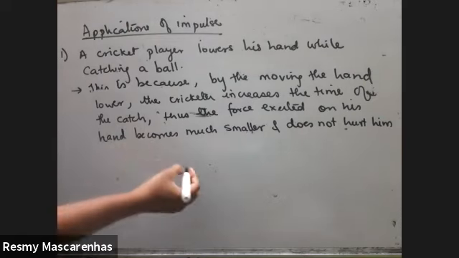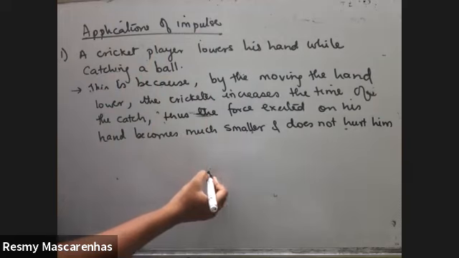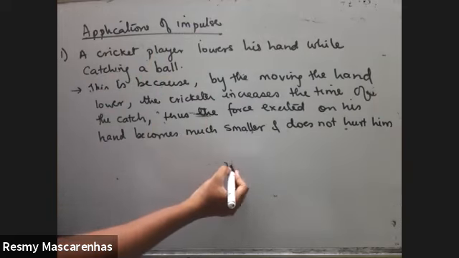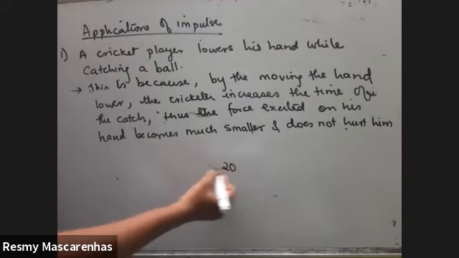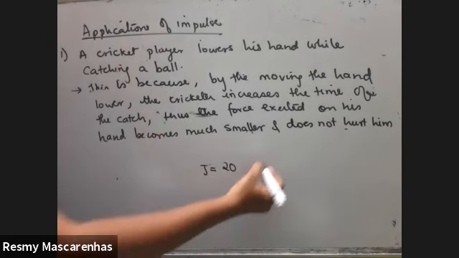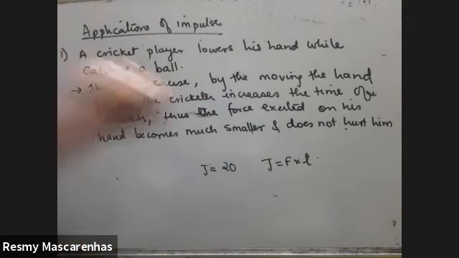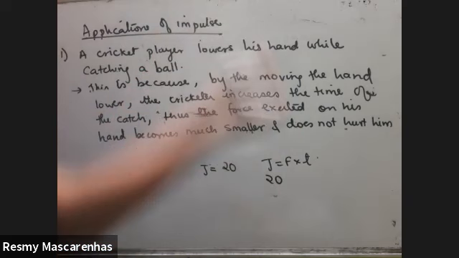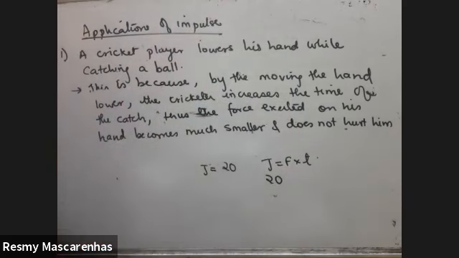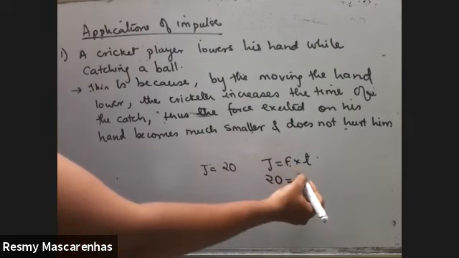How I'll explain to you. Suppose the ball's impulse is coming at 20. That J is 20. Now the formula is force into time. This is fixed. The ball will come with a certain impulse. Force we don't know how much it will be.